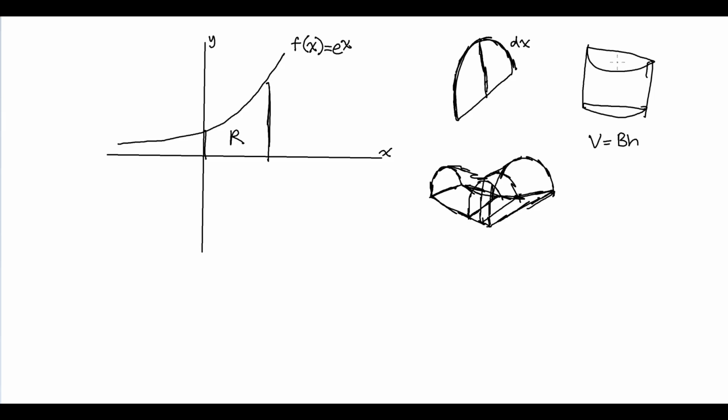So the volume of a single super thin cross section is pi r squared over 2, since these are semicircles, times h. But h is dx.